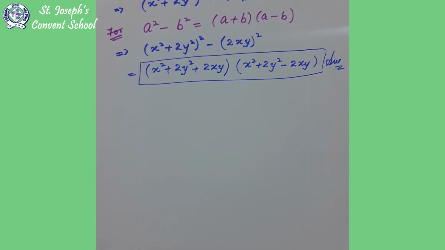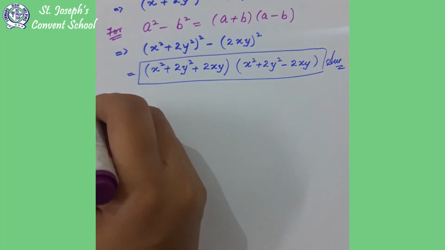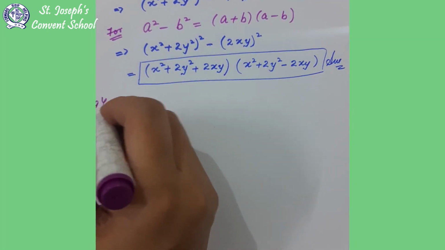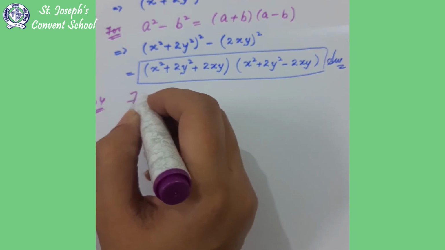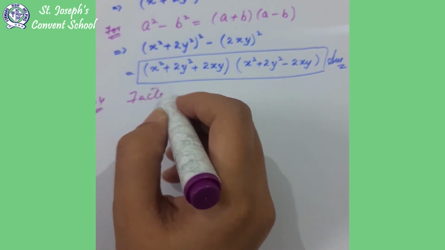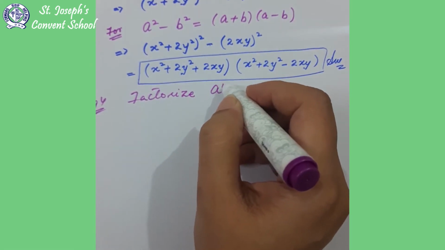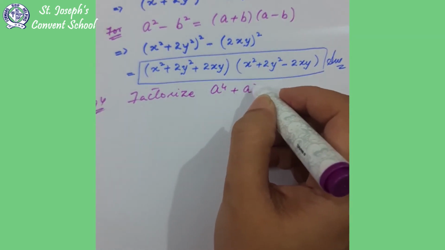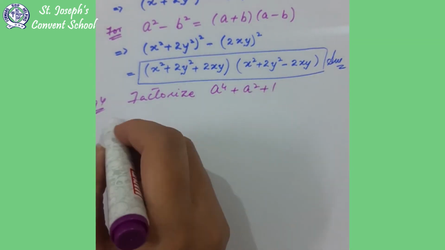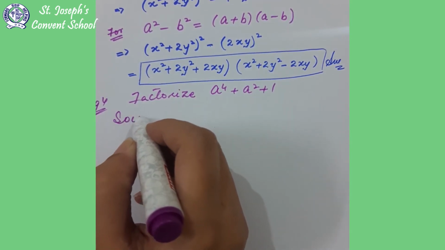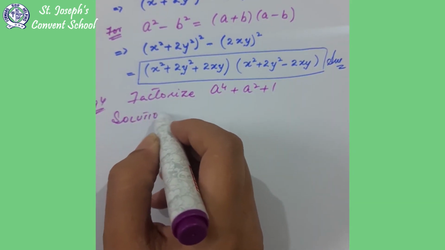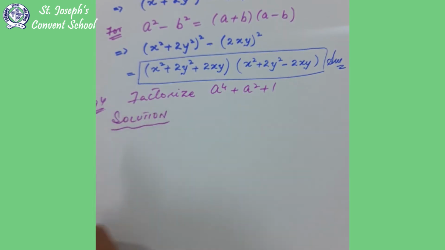So let me write the question, incomplete question. Sample number 4. Factorize a to the power 4 plus a square plus 1. Okay. Same way we are going to solve, we will apply the first formula and then the second formula.